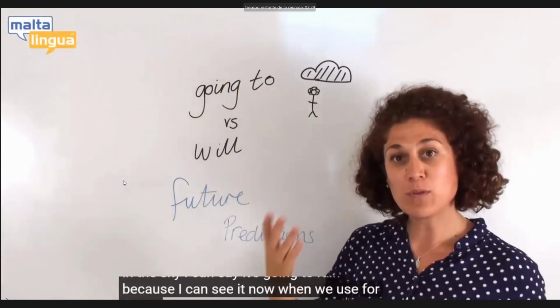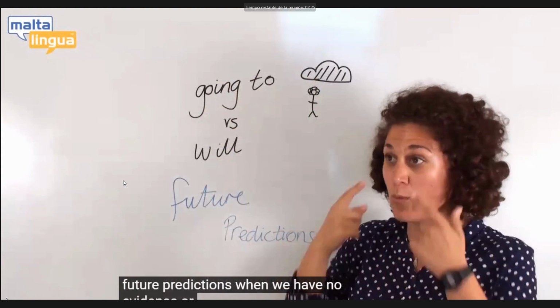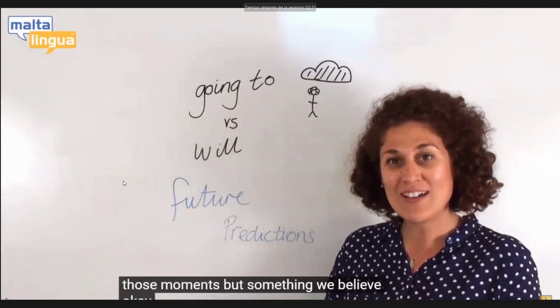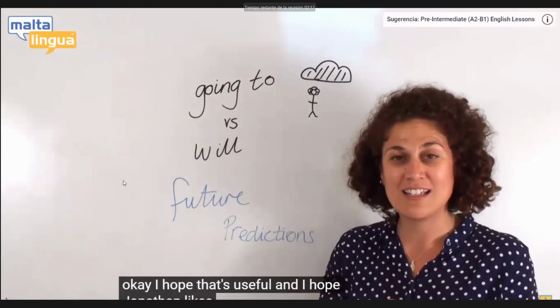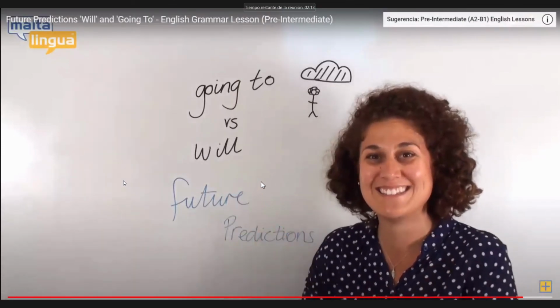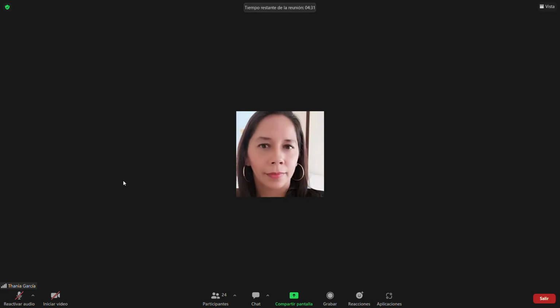We use will for future predictions when we have no evidence or we can't see anything at this moment, but something we believe. Okay, I hope that's useful, and I hope Jonathan likes his beer for his birthday. Happy birthday! Bye!